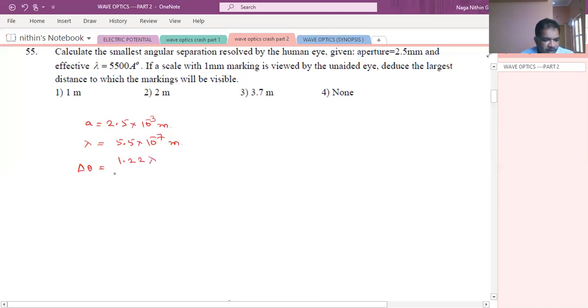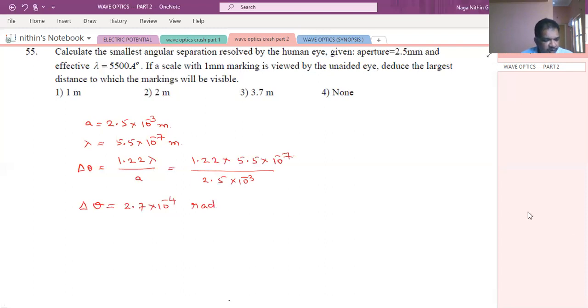So delta theta is equal to 1.22 lambda by a. 1.22 into lambda value 5.5 into 10 power minus 7, a value 2.5 into 10 power minus 3. If we calculate this value, this will be 2.7 into 10 power minus 4 radians.